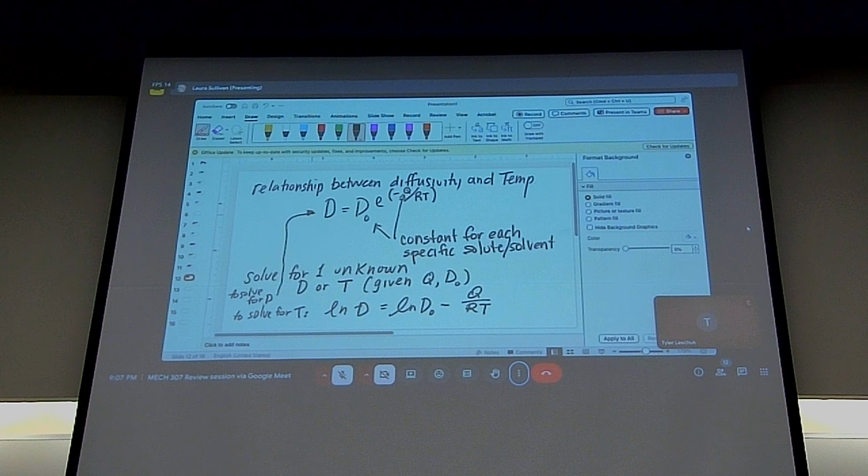So just use that formal equation to solve for D, given Q and D0 and T, and write the equation like this, the logarithmic form, if you need to solve for T, given Q and D0 and D.